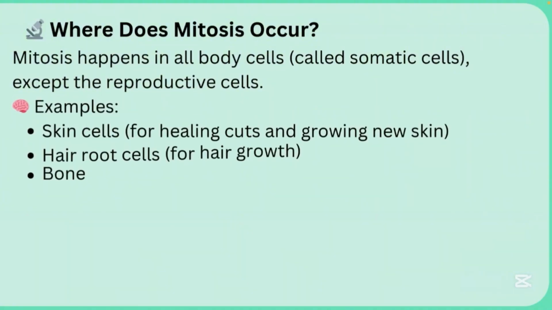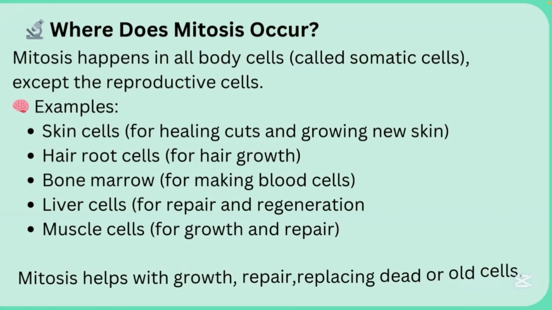Where does mitosis occur? Mitosis happens in all body cells, known as somatic cells, except the reproductive cells. For example, skin cells for healing cuts and growing new skin, hair root cells for hair growth, bone marrow for making blood cells, liver cells for repair and regeneration, muscle cells for growth and repair.